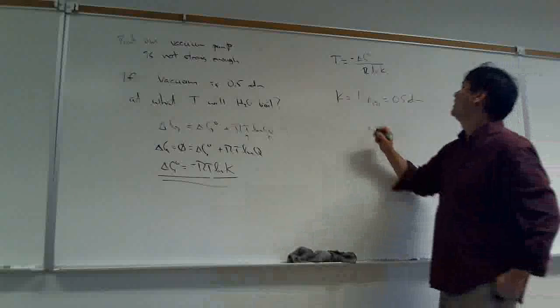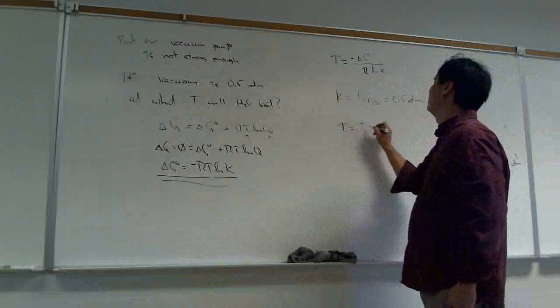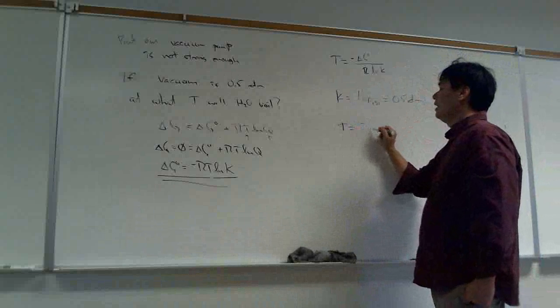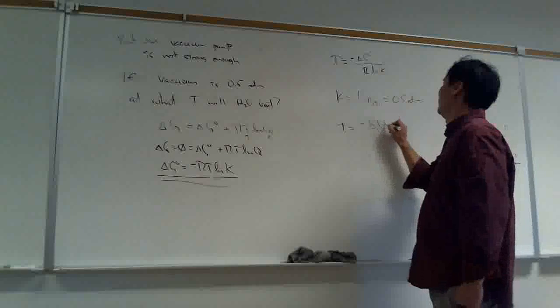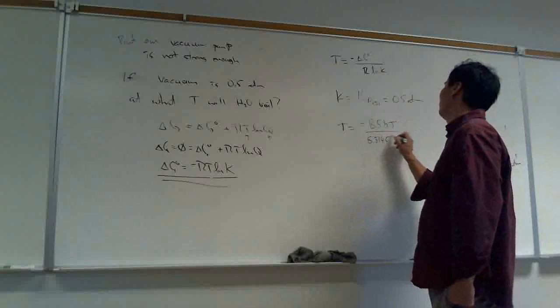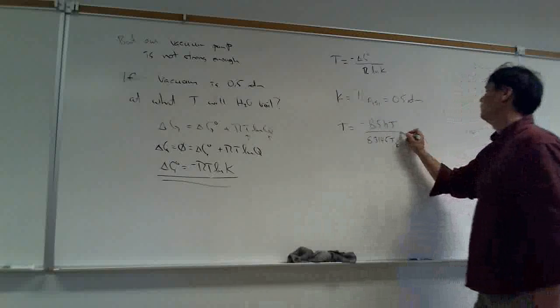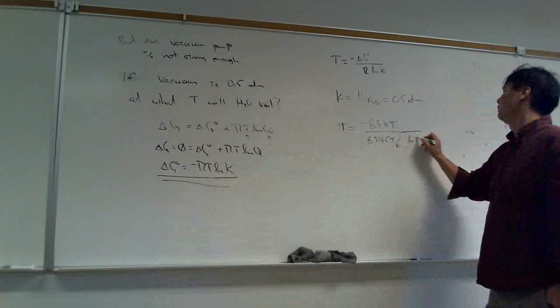And so let's go ahead and solve this then. That is, T is equal to minus, what was delta G again? 8.5 kilojoules over R, 8.3145 joules per Kelvin, all per mole, ln of 0.5.